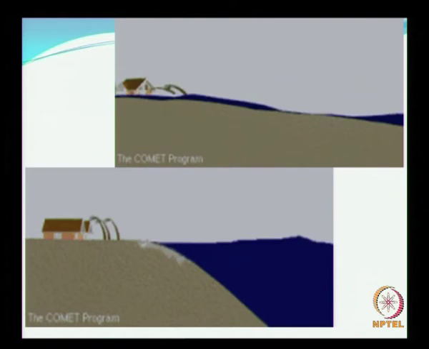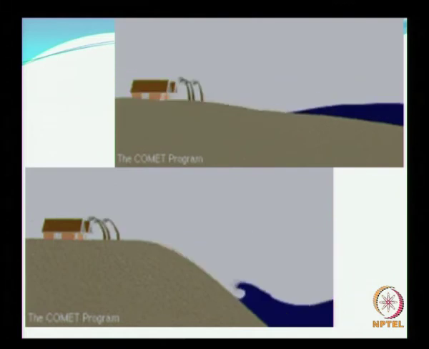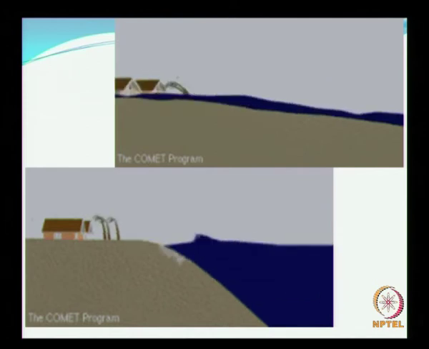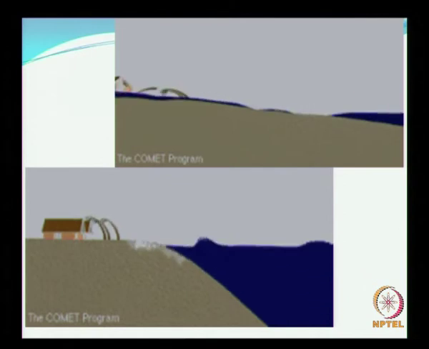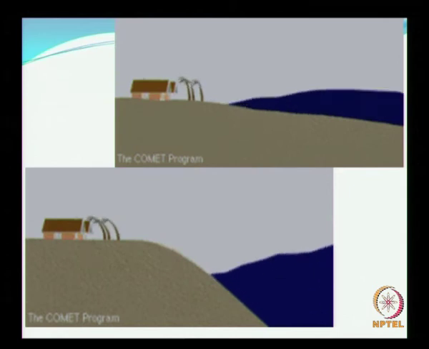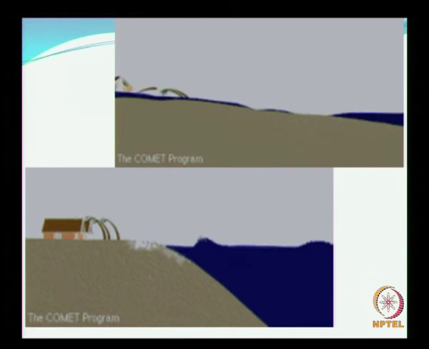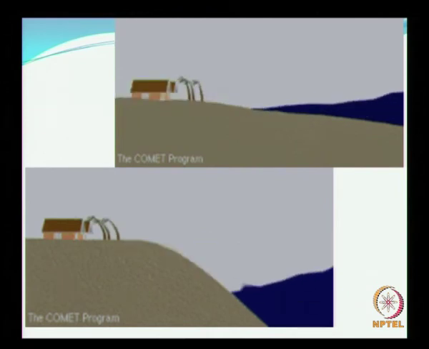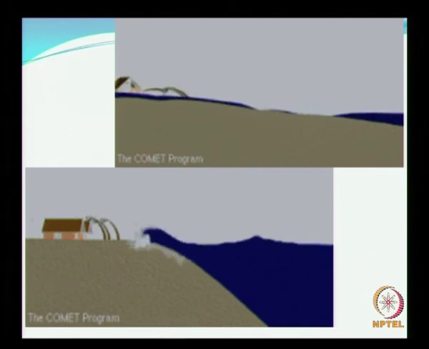This animation clearly shows what happens when you have a flat beach and a steep beach. A flat beach is vulnerable to damage. If you have a coastal hazard like a tsunami, the water will simply move in.